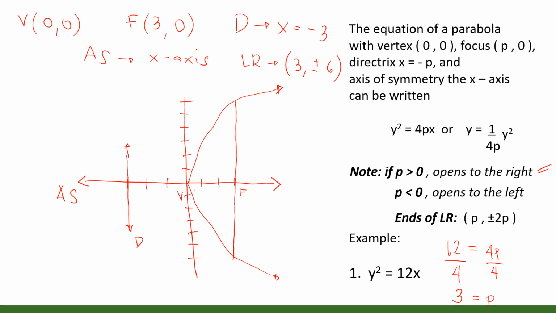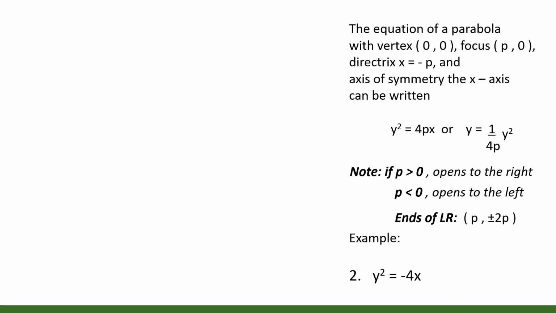So, there it is. Another example, y squared equals negative 4x. Meaning, 4p equals negative 4. Divide your equation by 4. p is equal to negative 1. Since negative 1 is less than 0, the parabola opens to the left.